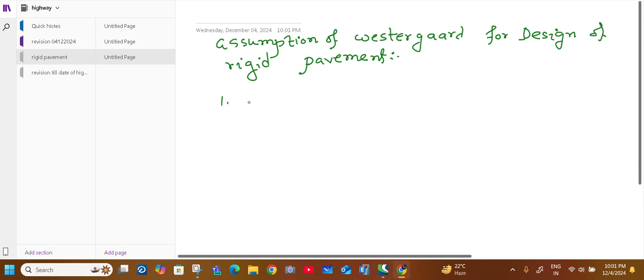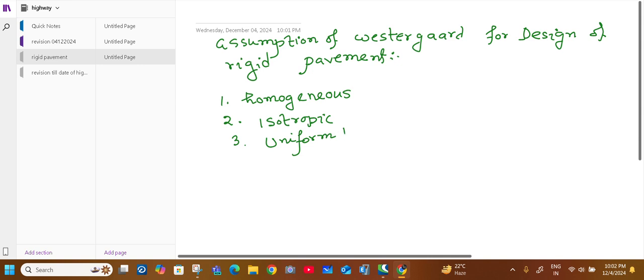The concrete slab is homogeneous, isotropic, and has uniform elastic properties.